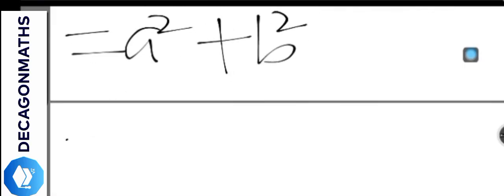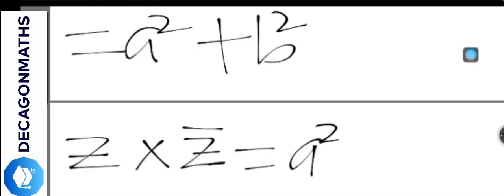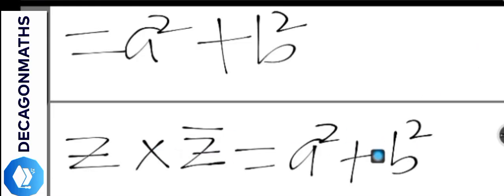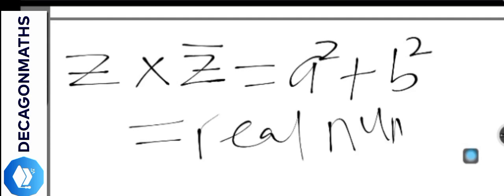So we have that z multiplied by z bar is equal to a squared plus b squared. Right? So a squared plus b squared is a real number. It's a real number because we have no i, which is the imaginary unit. We have no i here. So it gives us a real number.